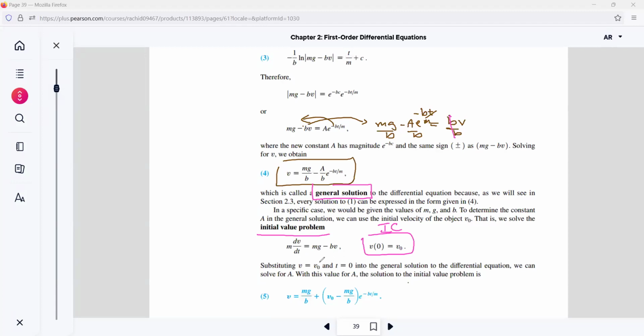Let's see. So here, when you use that initial condition, you're going to get v0 equal mg over b minus A over b, and t is 0, right? So this is 1.